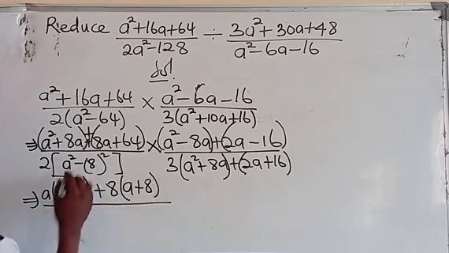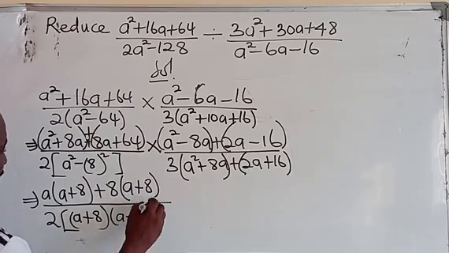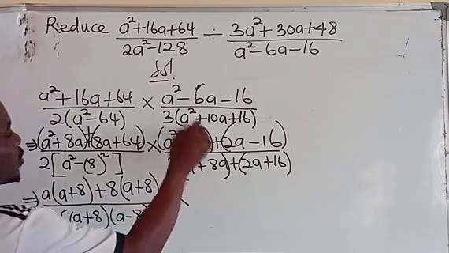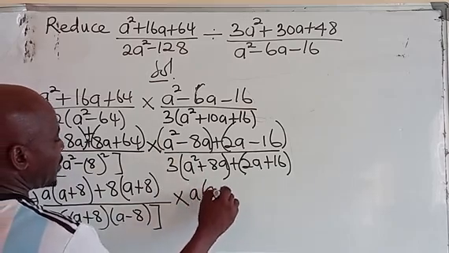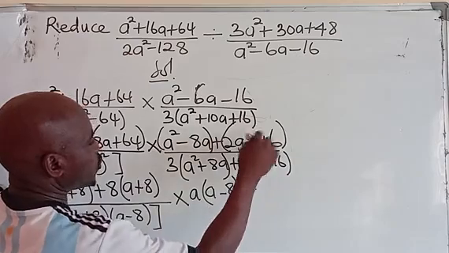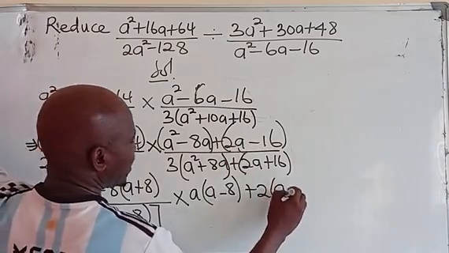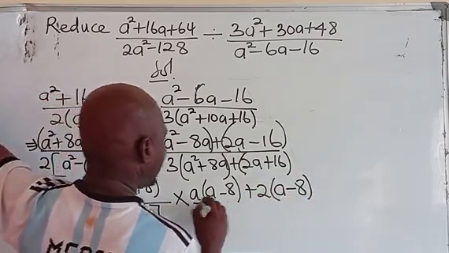All over, this is a difference of two squares, so I have a plus 8, a minus 8, like this, times, the common factor here is a. So into bracket, a squared divided by a is a, minus 8a divided by a, 8. The common factor here is 2. So 2 out. 2a divided by 2 is a, and then this divided by that is 8.